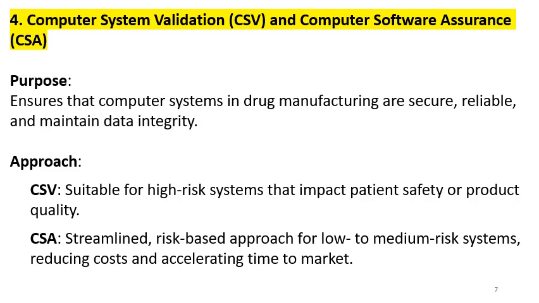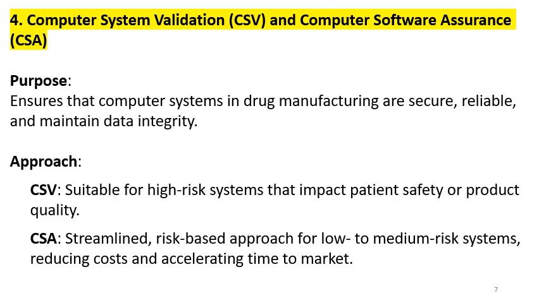Then computer system validation, CSV, and computer software assurance, CSA. These are also validation activities. The purpose of computer system validation and computer software assurance is to ensure that computer systems in drug manufacturing are secure, reliable, and maintain data integrity. So the approaches are CSV and CSA.